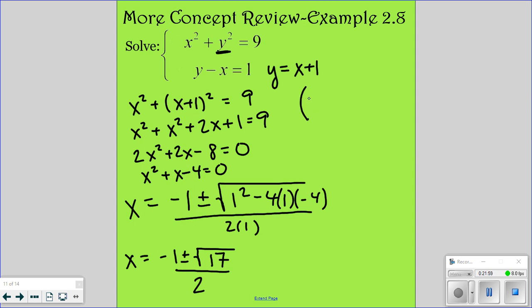And I like to make it into a separate fraction, so -1/2 plus the square root of 17 over 2. I like to make it two fractions over here. I think it makes it a little bit easier on the next step that we're about to do. And then -1/2 minus the square root of 17 over 2. So those are your x values.